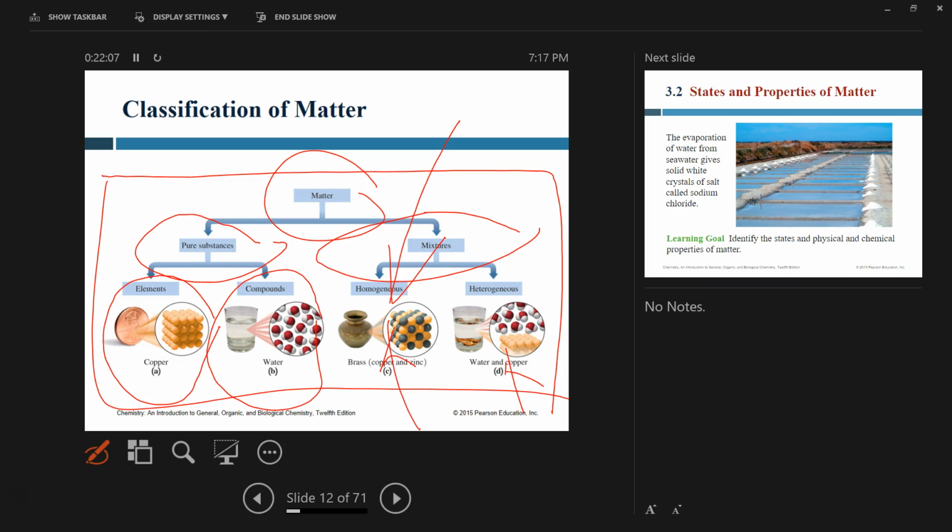Air, that's a homogeneous mixture. They can be heterogeneous. Well, like colloidal gold or milk. Does that make sense? I'm going to stop at this point.